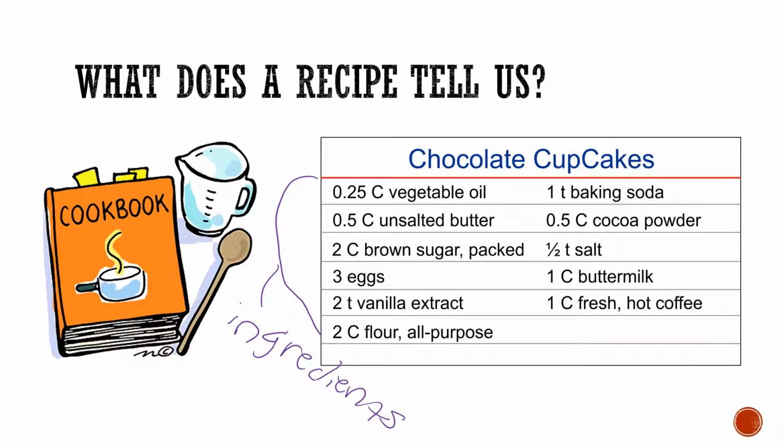And it also tells us the quantities of each ingredient, whether it's 3 eggs or 2 cups of brown sugar that are packed, or 0.5 cups of unsalted butter, things like that. A recipe tells us the directions to make something, make a product. For this case, it's chocolate chip cupcakes, or chocolate cupcakes. And so it's very beneficial to have a recipe when you want to make chocolate cupcakes.